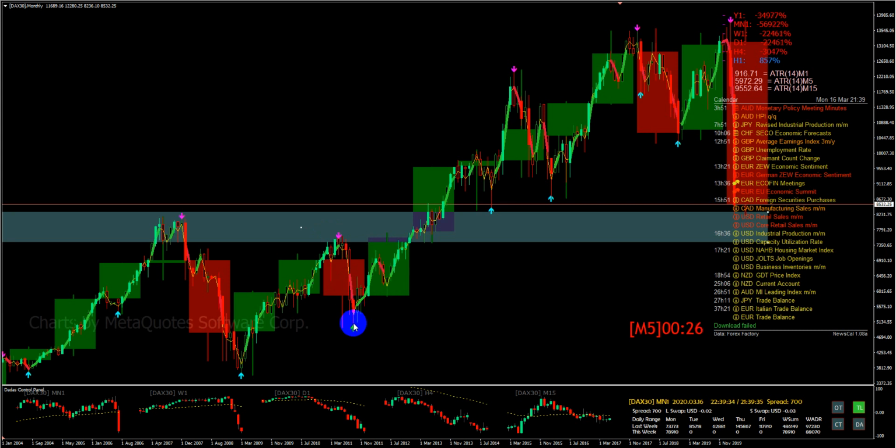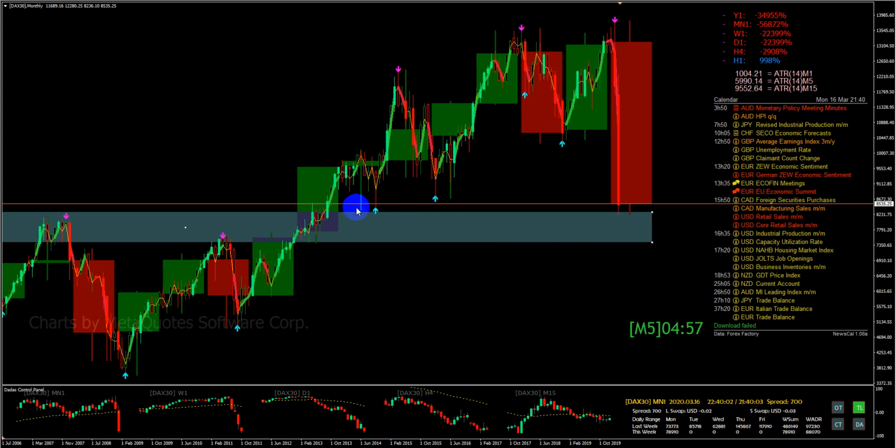However, somewhere here it found demand from a demand zone that was created right at this level, and it started going up. And when it started going up, it broke through what used to be the supply zone, and then it became a demand zone, and then it was being tested from the other direction.